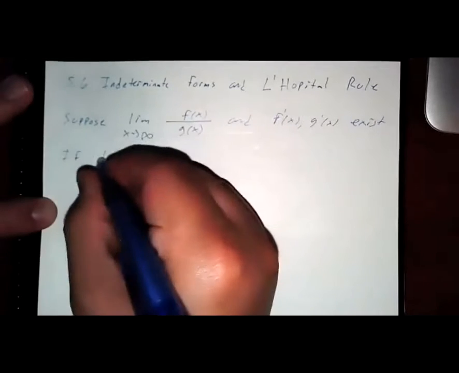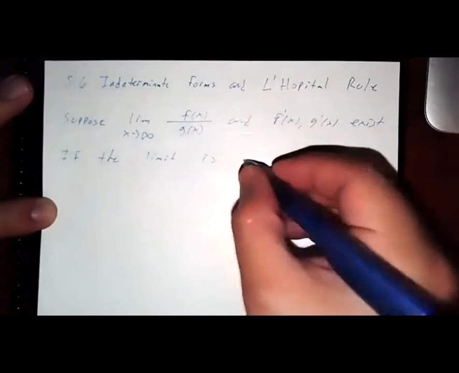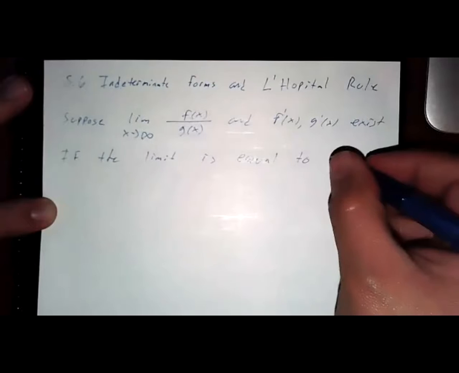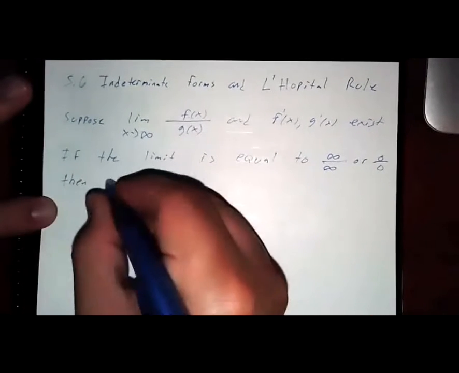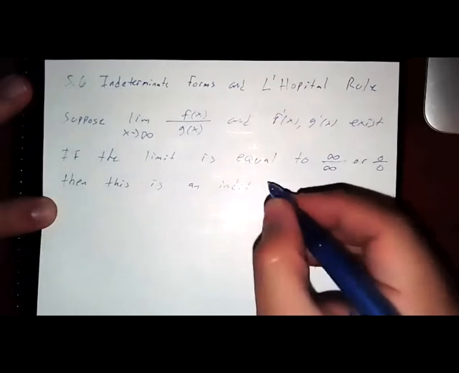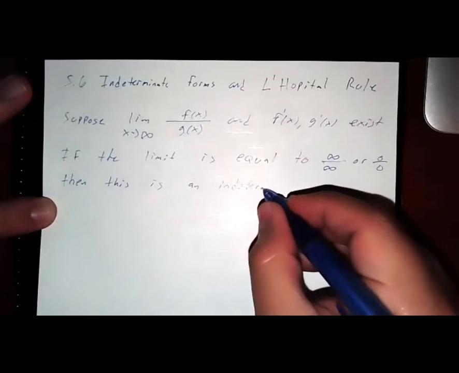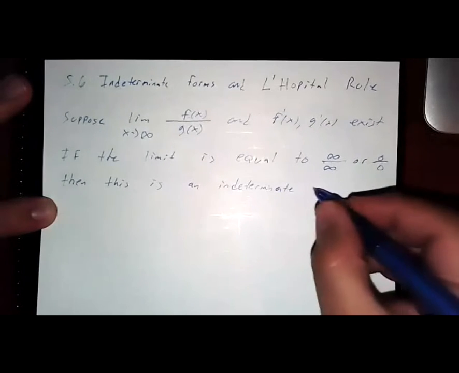If the limit is equal to infinity over infinity, or 0 over 0, then this is an indeterminate form.